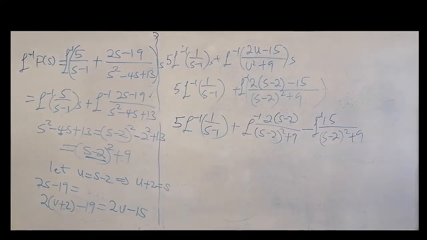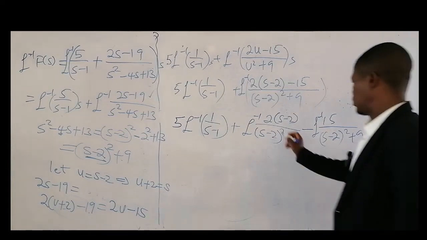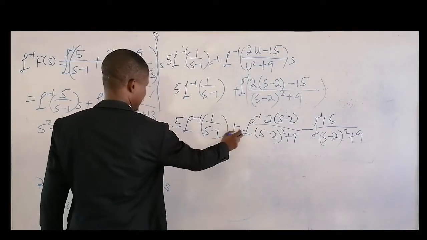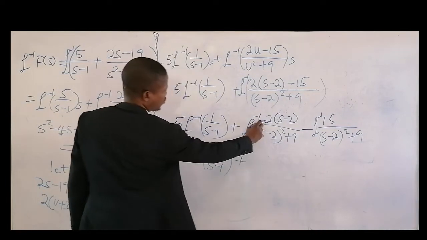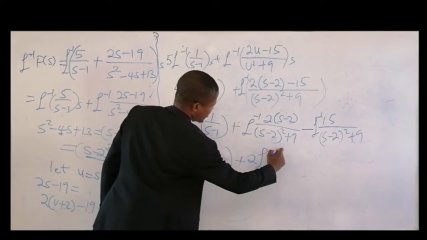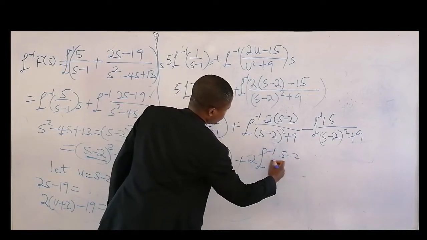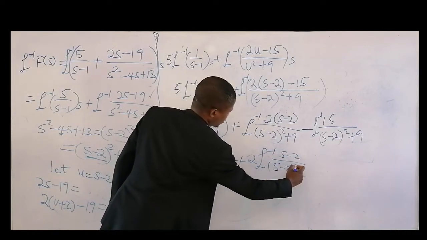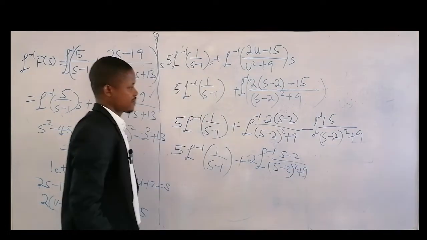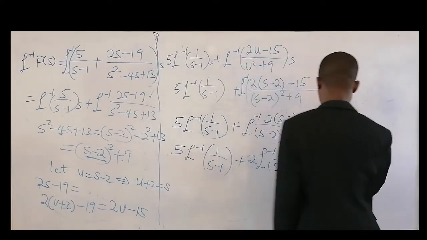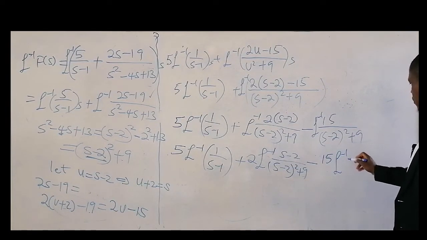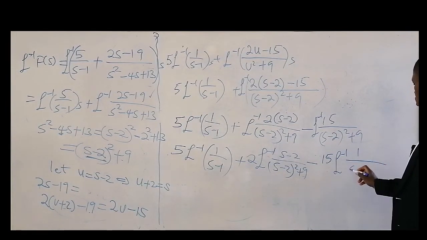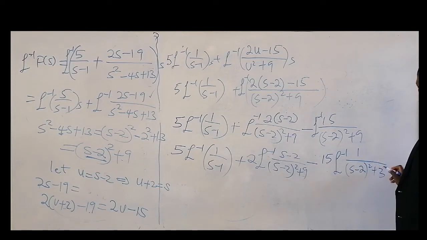Okay, what next again? We can take these 2 outside, the inverse Laplace, so that will be 5, then plus these 2 into bracket inverse Laplace of x minus 2 over x minus 2 all squared plus 9. And then minus this 15 can come outside. That's 15 inverse Laplace of 1 over x minus 2 squared plus 9, where 9 is 3 squared.